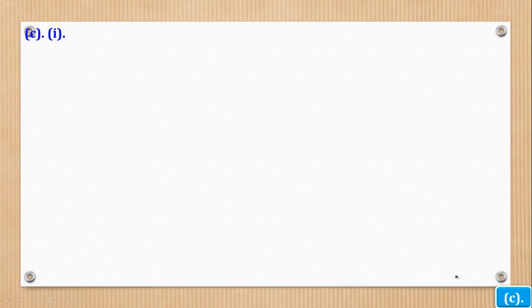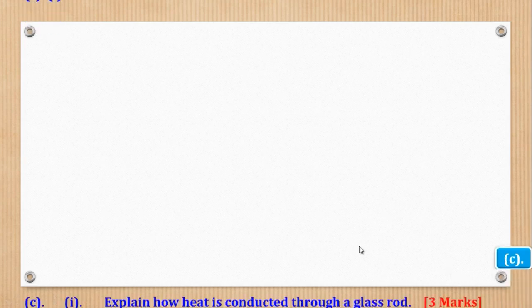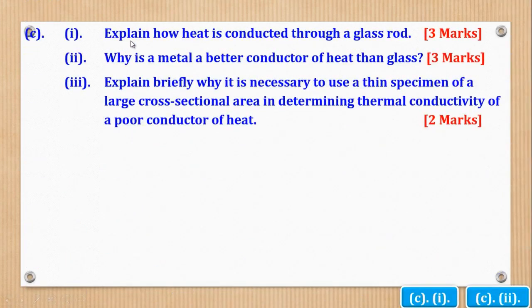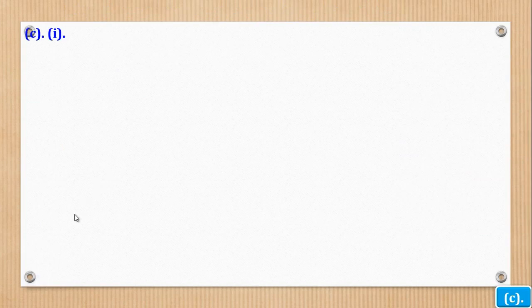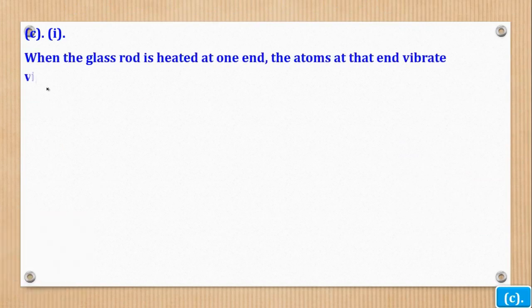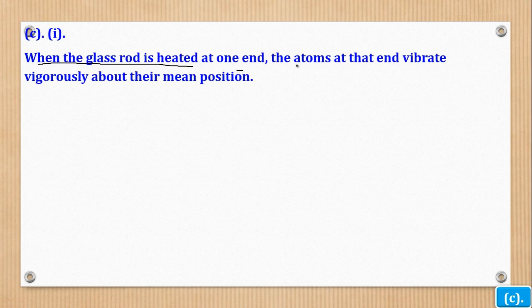So now we shall go to part C, Roman 1. Roman 1 says, explain how heat is conducted through a glass rod. So you come out that when the glass rod is heated at one end, the atoms at that end vibrate vigorously about their mean position.